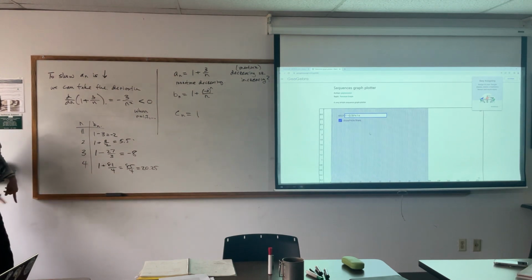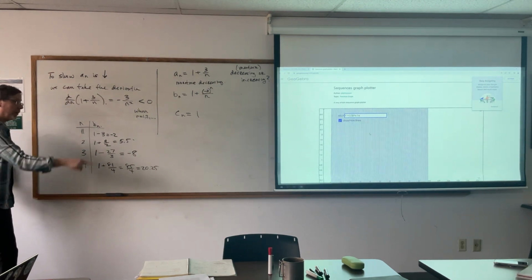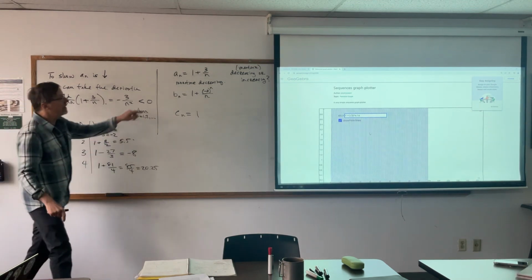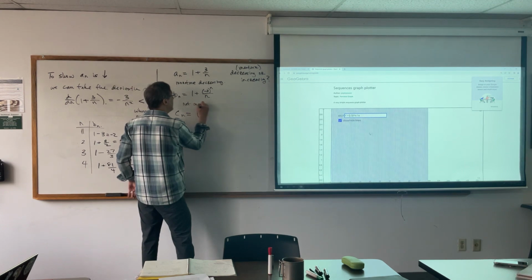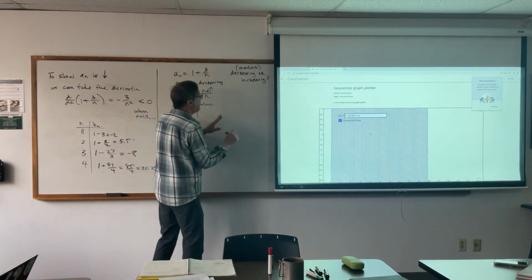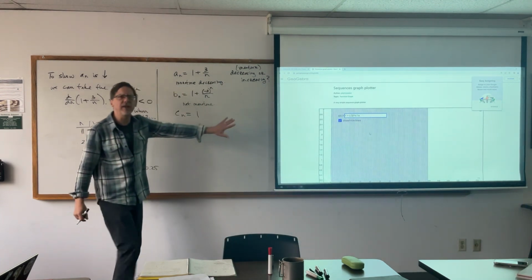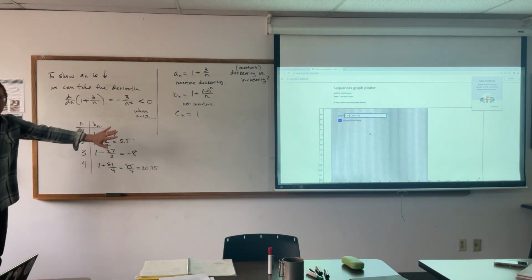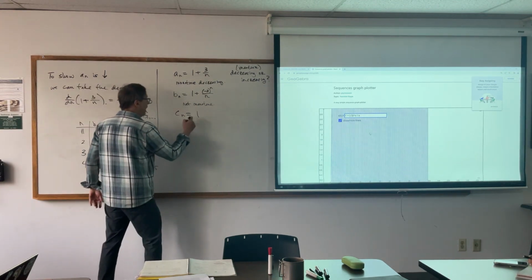It's alternating back and forth, getting more extreme as we go along. This is not monotone. I'm going to recommend in general using an app like this on the web work to get a sense of what the answers are instead of just trying to go at it on your own.